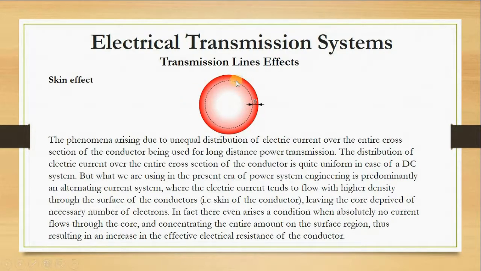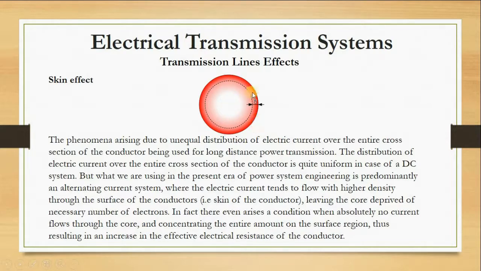So the same thing applies to the current. So long as you have a particular amount of current that is supposed to go through this conductor, but due to skin effect, the majority of it is not flowing through the core, but rather on the skin. They are flowing through a reduced cross section of the conductor, and by so doing, the effective resistance, the opposition to that flow, will also increase. So by virtue of skin effect, the resistance of some conductors, especially in AC, tends to increase without necessarily physically changing the cross section.